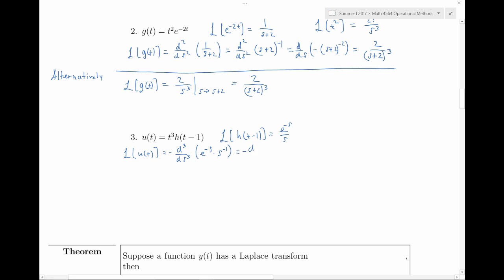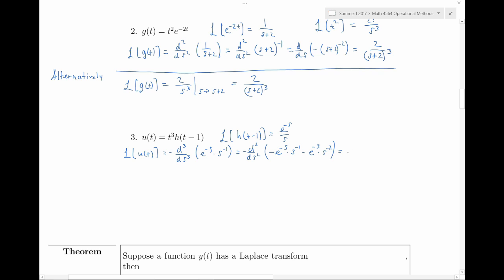Now we're taking the second derivative of, applying the product rule, e to the minus s times s to the minus 1 minus e to the minus s times s to the negative 2.